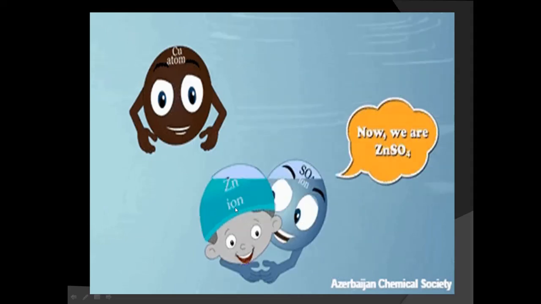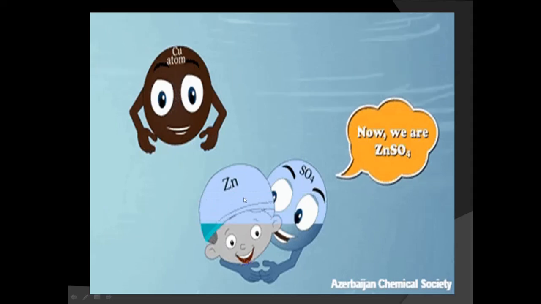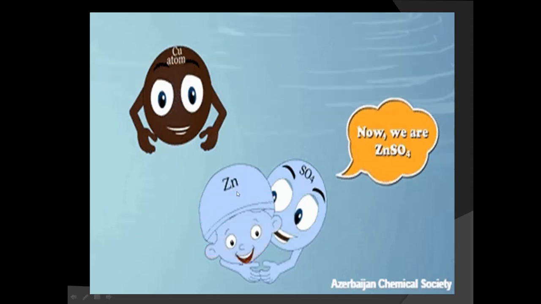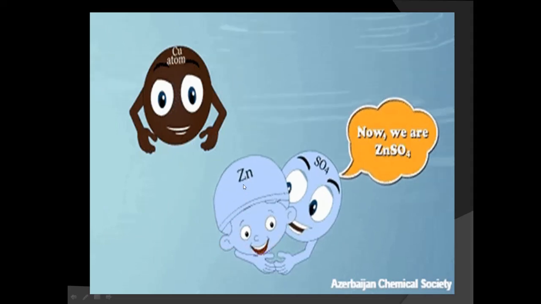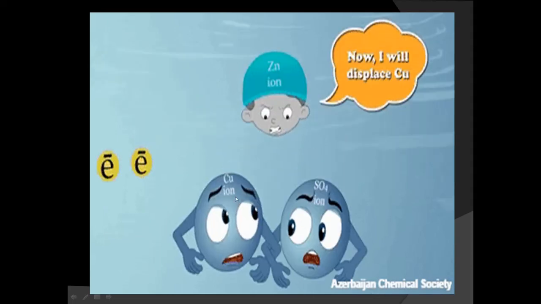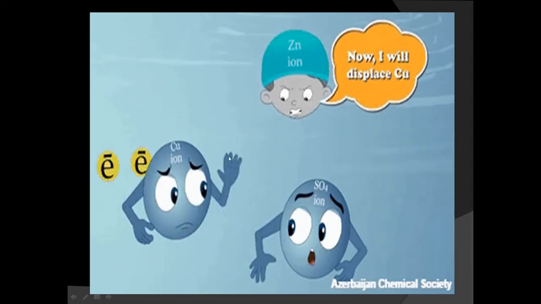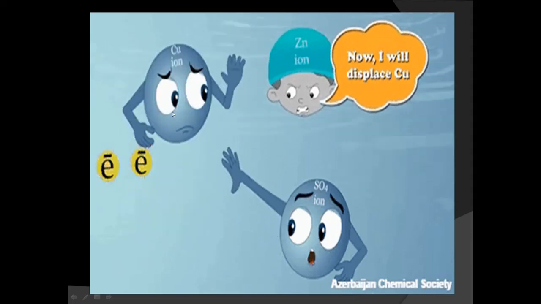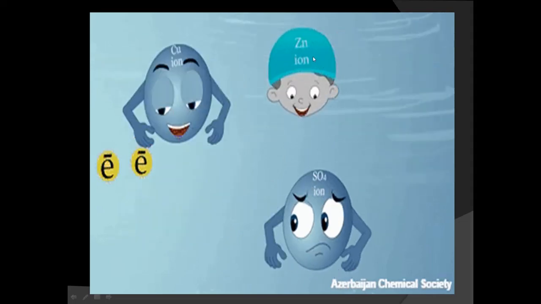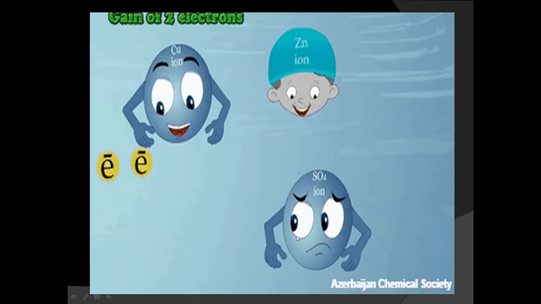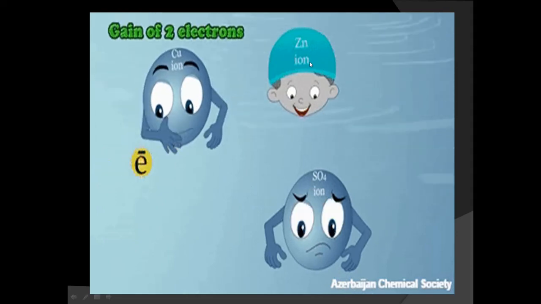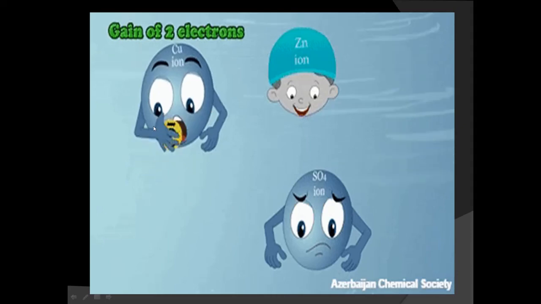So here, who is displacing what? Yes, you might have guessed right. Zinc has displaced copper from its compound. See, now both are together. Now zinc has come, it is displacing copper, and zinc occupies the place of copper. Can you tell me who is more reactive here?